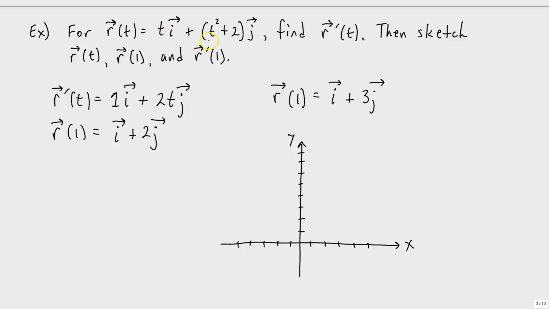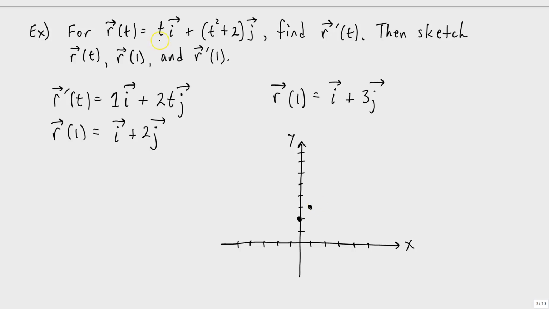You'd have 2j, so 2j would terminate there. Say we plugged in 1, we'd have 1, 3. So that would terminate there.